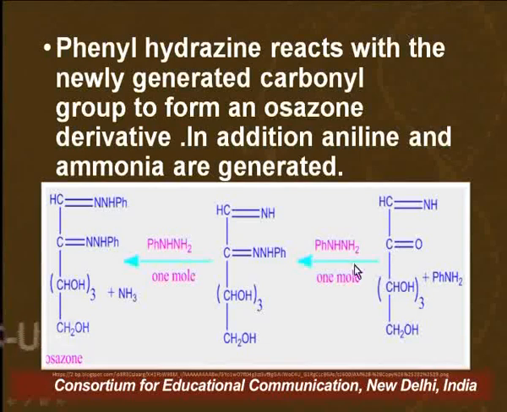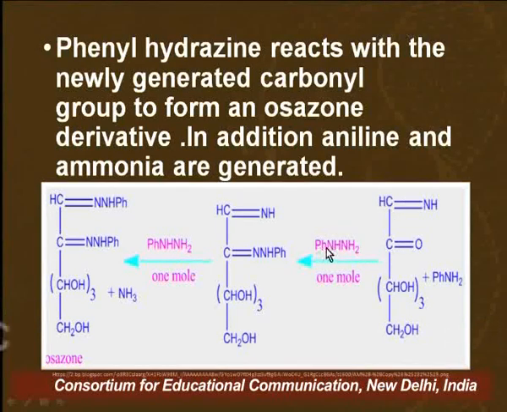Now in the next step, NH2 from phenyl hydrazine and hydrogen from this will react with this molecule, and this NH2 from the second molecule will react with the carbonyl group here.